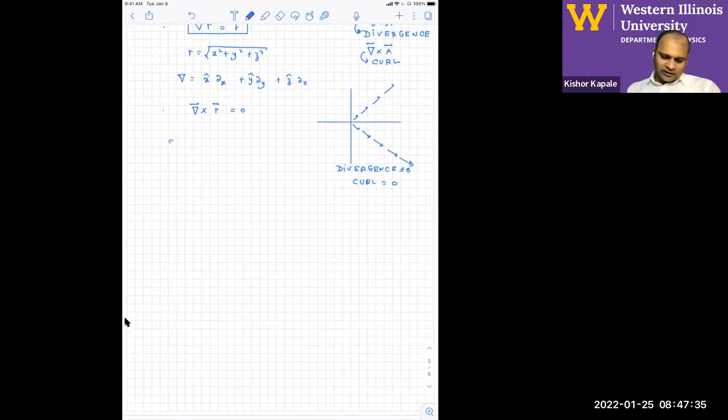Let's take now another function g, which is a function of the scalar quantity r, but the function itself is a vector. And c is a constant vector. You can have a constant vector.